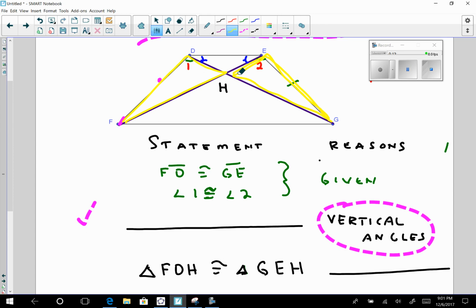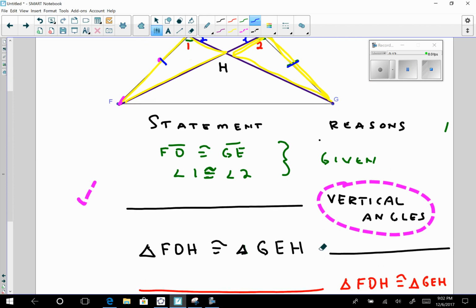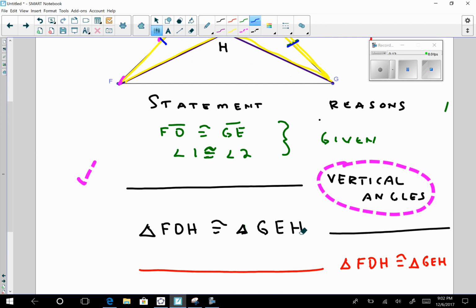What do I have? I have these segments congruent. I have angle 1 congruent to angle 2. And I'm using vertical angles to make one more statement. Then I'm going to make that statement that triangle FDH is congruent to triangle GEH. Then I'm going to pull a congruent statement from this particular statement. Again, I'm going to let you fill in the blanks.